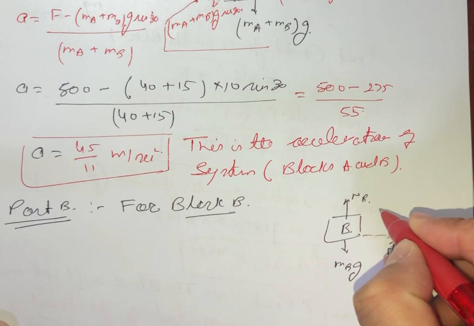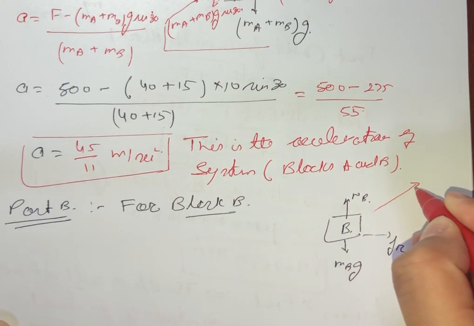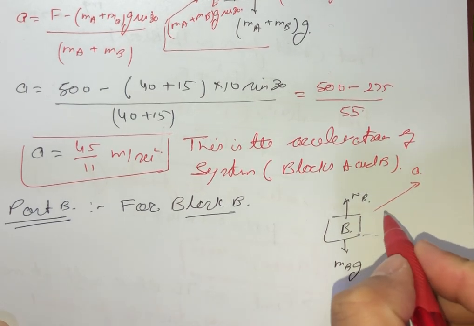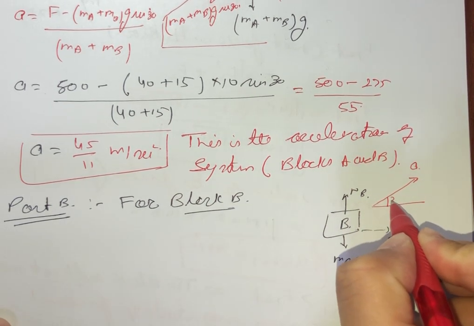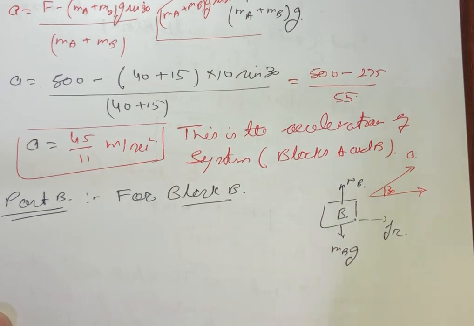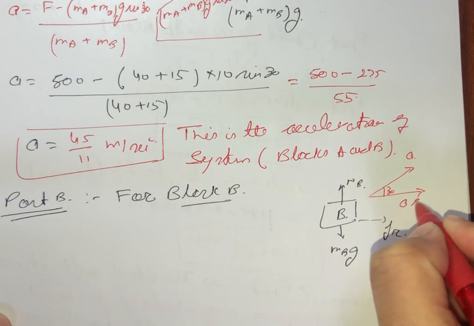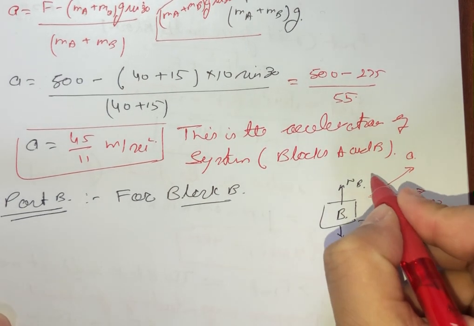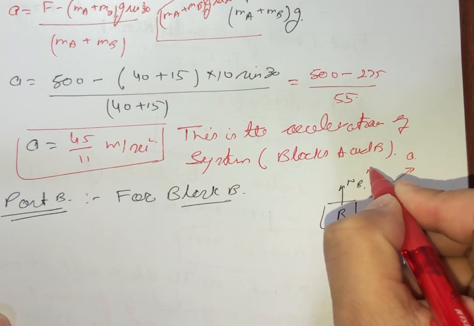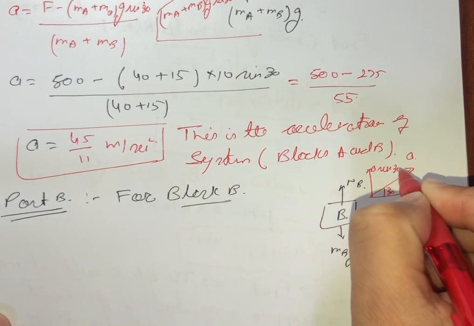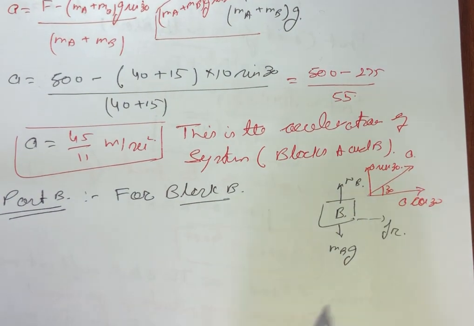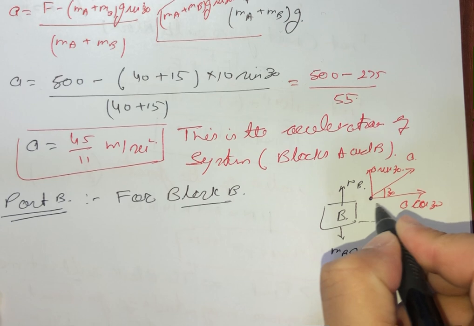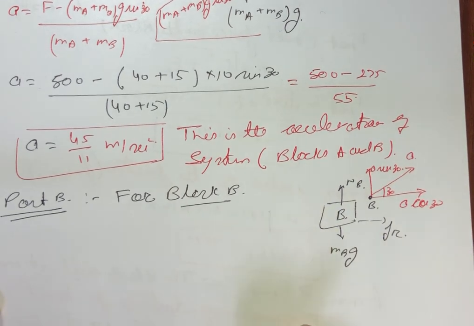This can be divided into two components at 30 degrees: A cos 30 and A sine 30.